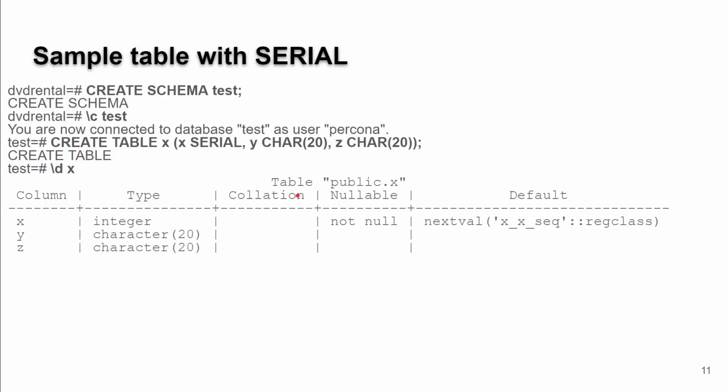Now, here's a sample Postgres table with the serial data type. So first we're going to create a schema called test, which is simple enough to do.